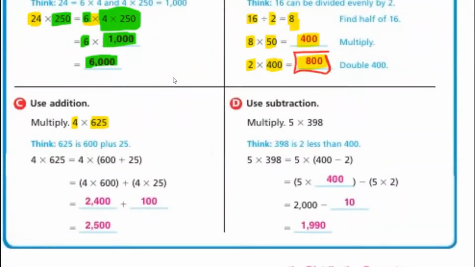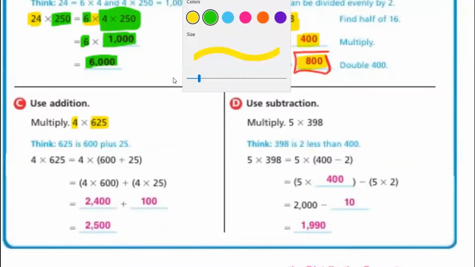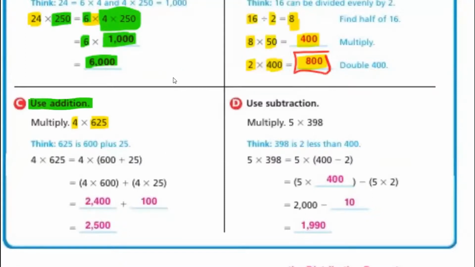Okay, guys, let's see here how can we use addition to get the product. First of all, 4 multiply 625. Okay, we can say that 625 equals 600 plus 25, right? Let's break the number. And then we have 4 here, multiply by 600 plus 25.